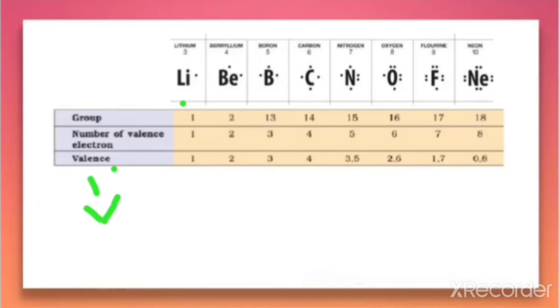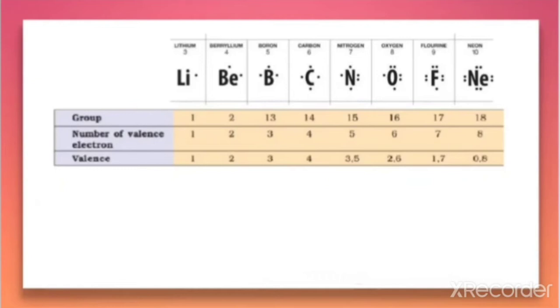Here we have the first group, second group, 13, 14, 15, 16, 17, 18 group elements. The number of valence electrons, as we have just discussed, is 1, 2, 3, 4, 5, 6, 7, 8. But what about the valence? When you look at the valence, it increases from 1 to 4 and afterward it decreases, because after 4 you can see 3, 2, 1, 0.